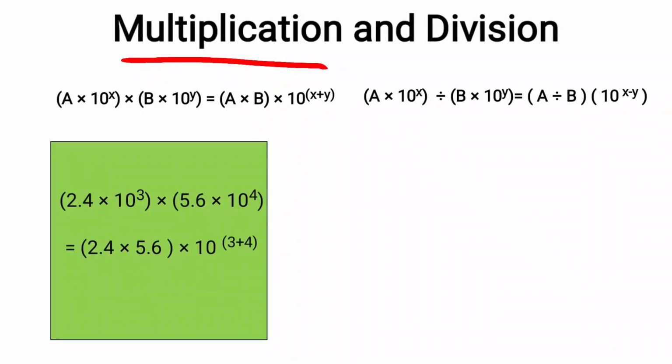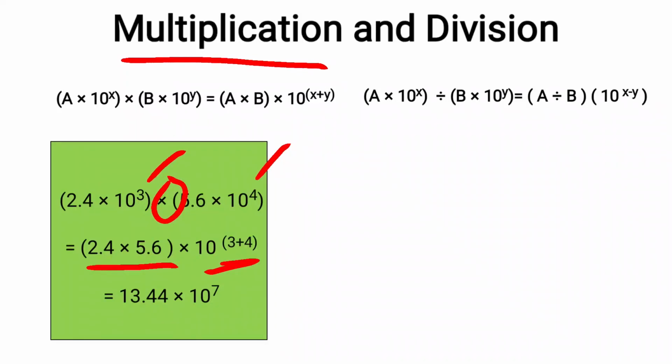That is, we add exponent 3 plus exponent 4, and then we multiply the coefficients. The final answer obtained is 13.44 × 10^7. This is in case of multiplication.